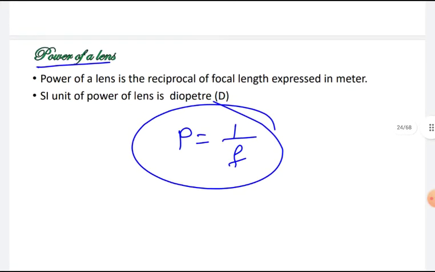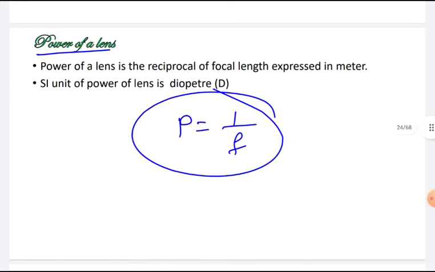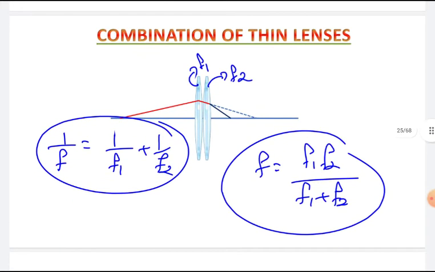The power of a lens is the reciprocal of focal length expressed in meter, and the SI unit of the power of lens is diopter. P is equal to 1 by f. And then the combination of two thin lenses, f is equal to f1 into f2 divided by f1 plus f2.